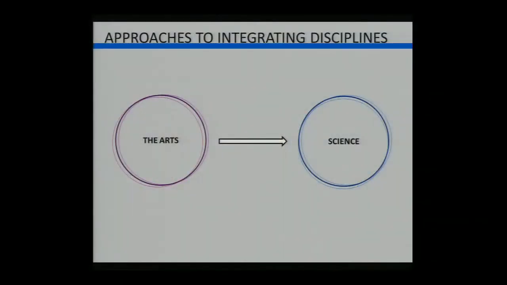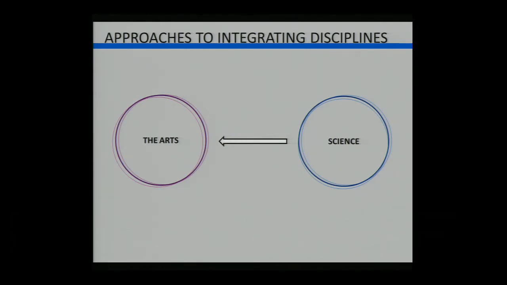Okay. So today we've heard a lot of different approaches to integrating these disciplines. We can look at neuroscience from an architecture perspective. We can look at architecture from a neuroscience perspective, and certainly there have been many examples from today where people have taken those approaches.